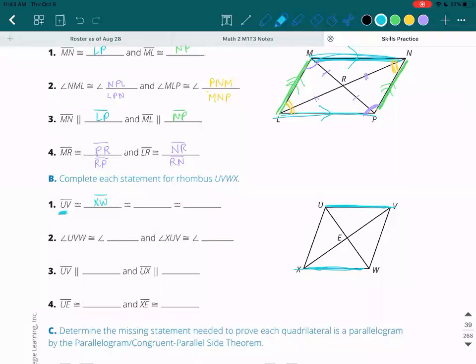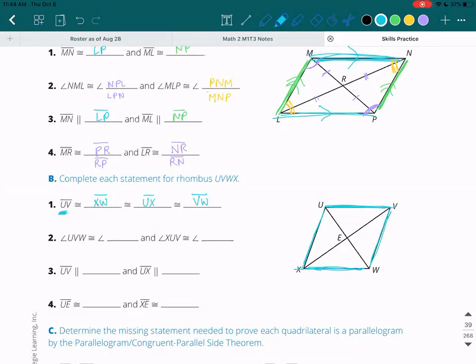Another? UX, good. And then the last one? VW, good. They are all congruent because in a rhombus, all four sides are congruent, and that's part of the notes we went over just a little while ago.